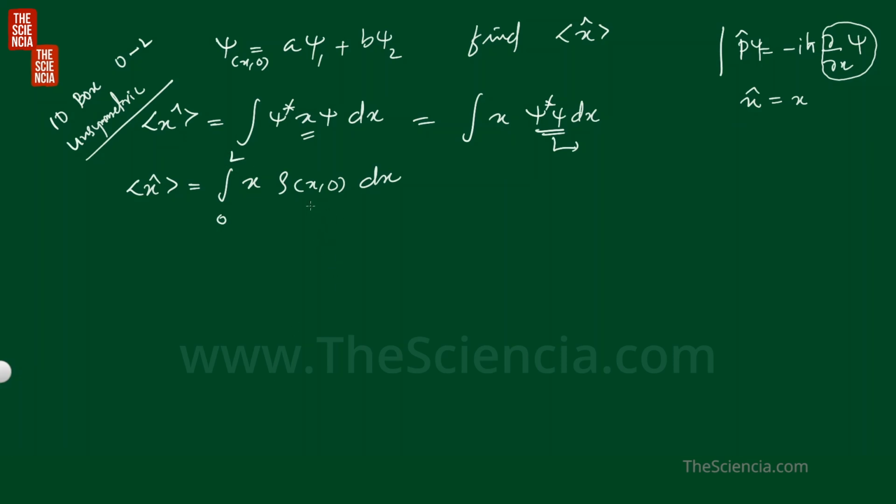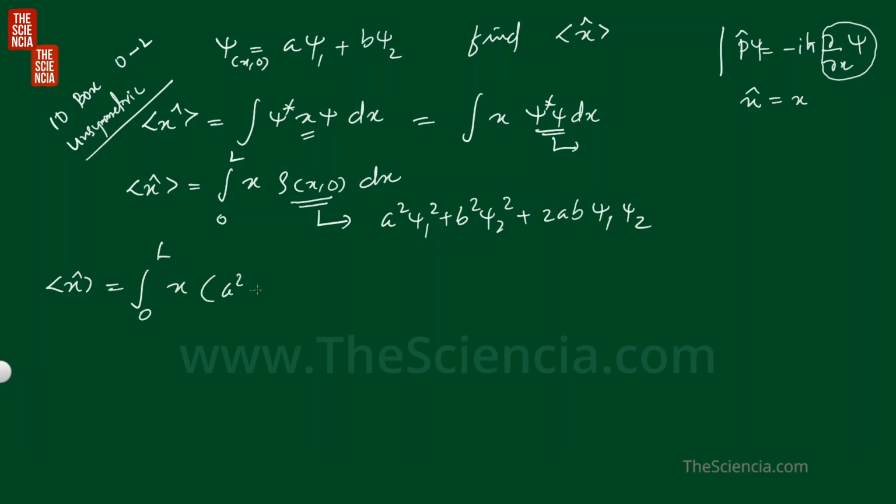Here you see we already solved for rho of x0. What is the value of rho of x0? That is a square psi 1 square plus b square psi 2 square plus 2ab psi 1 psi 2. We can substitute this value in the integral, so the expectation value of x is equal to the integral from 0 to L of x into a square psi 1 square plus b square psi 2 square plus 2ab psi 1 psi 2 into dx.